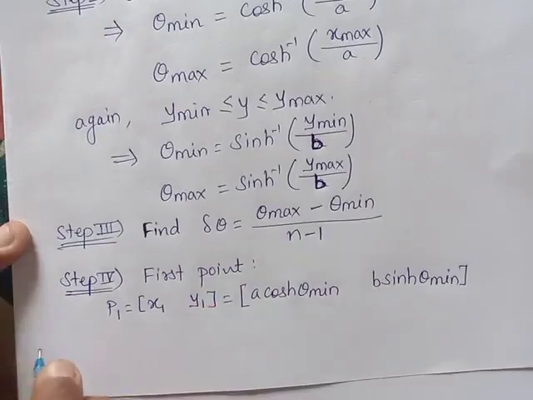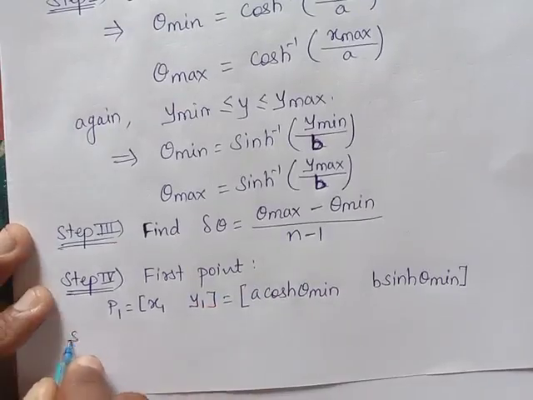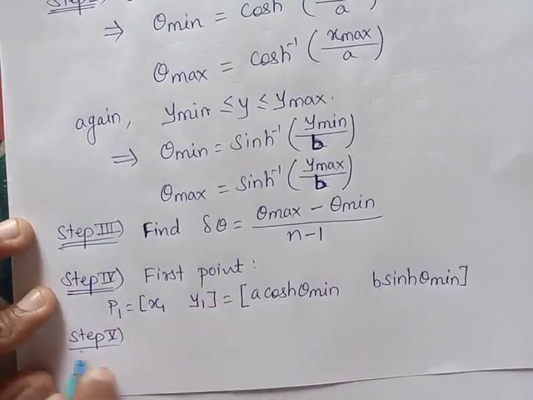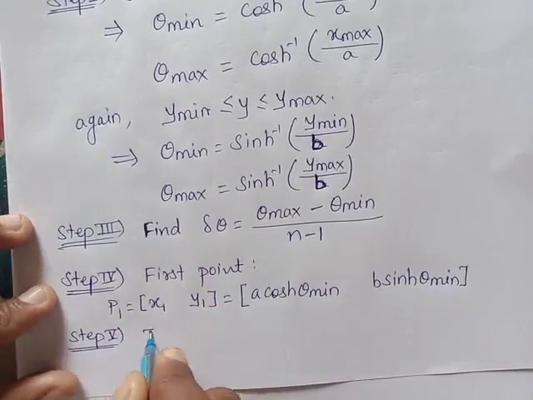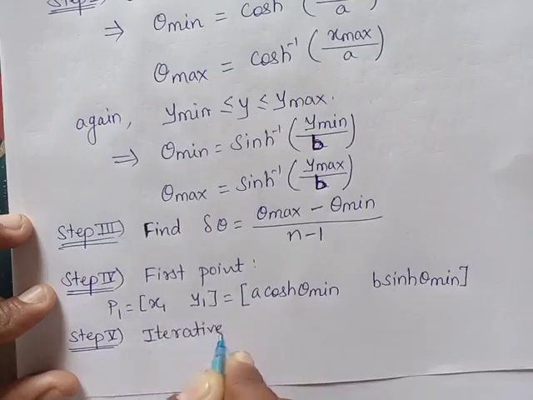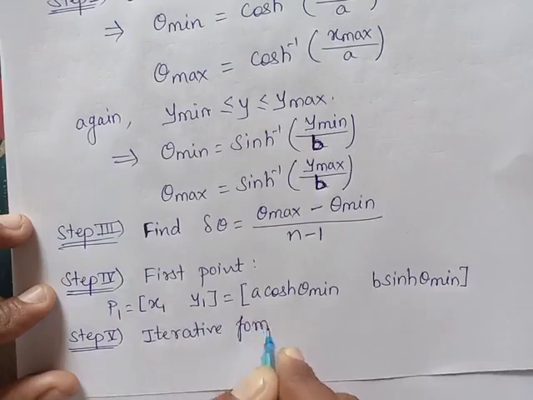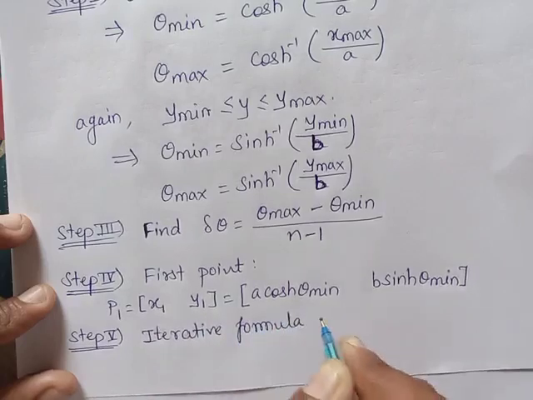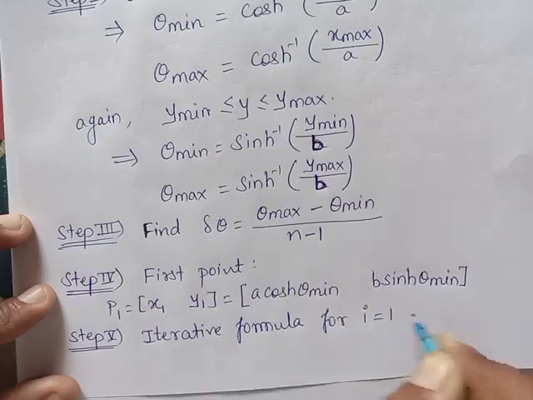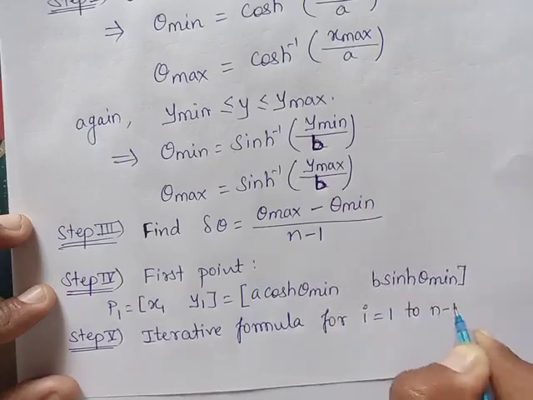Now step 5 is for the iterative formula. Iterative formula for i equal to 1 to n minus 1.